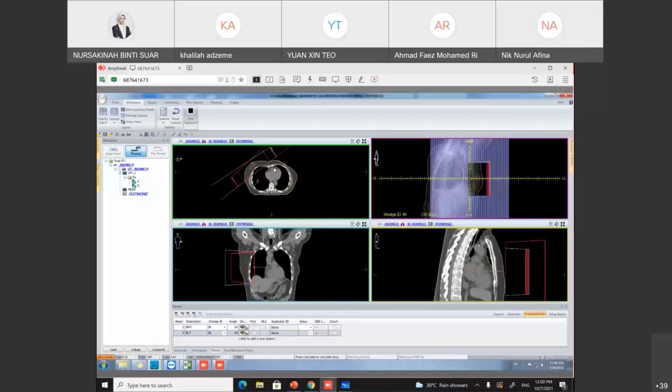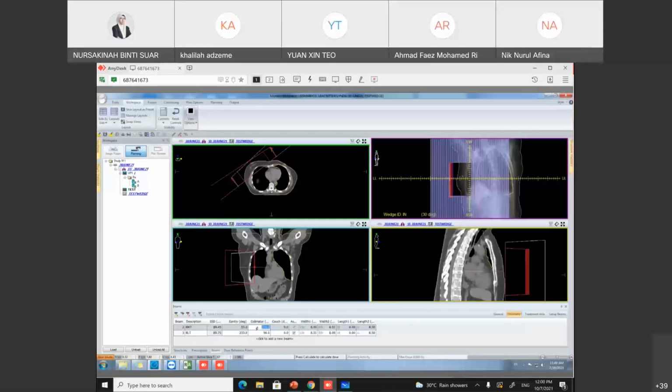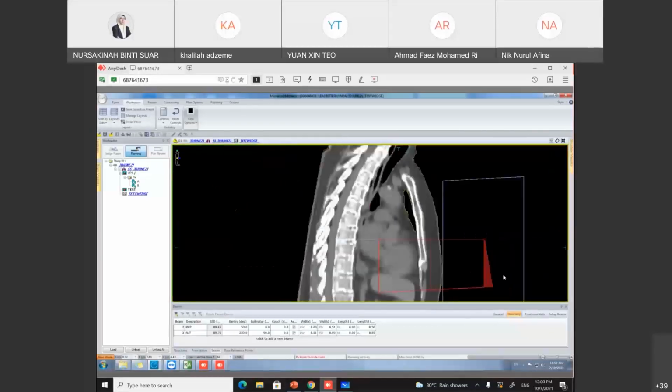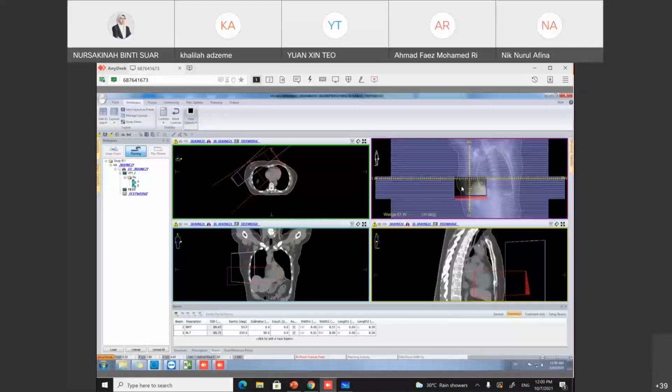So when we want to use the motorized wedge, you will need to turn your collimator. Let me show you the example here. When my collimator is 0-degree, my wedge is in this position, where I will push the inferior dose to the superior, which is already wrong.